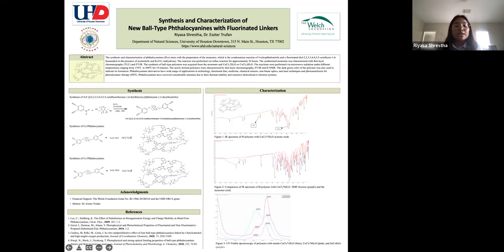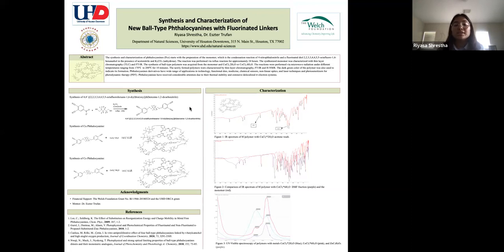In order to characterize these ball type phthalocyanines, I used IR and UV-vis spectroscopy. Under characterization, figure 2 shows the comparison of the ball type phthalocyanine that I got with the metal cobalt chloride, which is in purple, and the monomer, which is in red. The primary focus is the peak at 2235, which I labeled as the monomer peak.